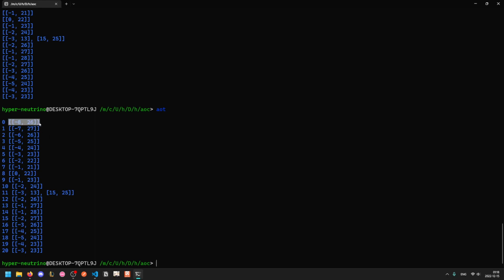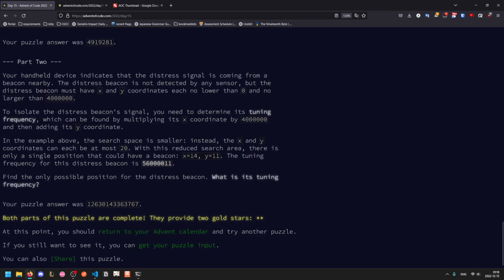So see here, the entire 0 to 20 range is blocked, same here, all the way down until here. At row 11, we have two intervals. One of them goes from -3 to 13, and one of them goes from 15 to 25. Within the 0 to 20 range, there is a gap at 14, which means that x equals 14 is possible when y equals 11, which gives us our one singular beacon, x equals 14, y equals 11.